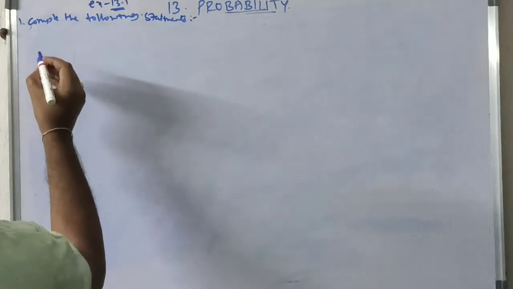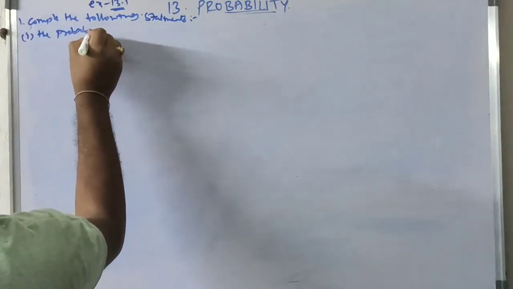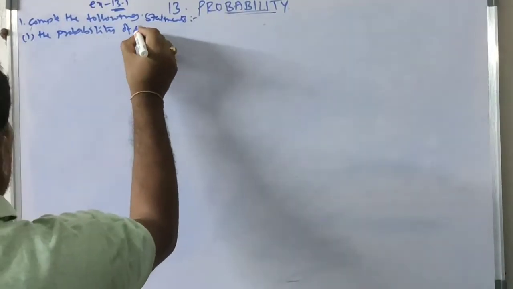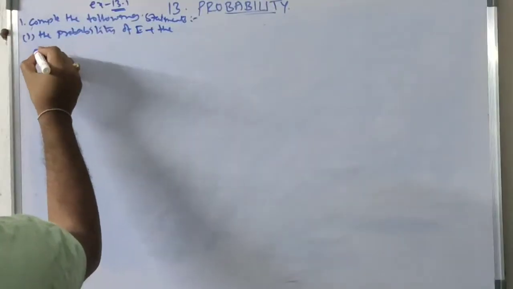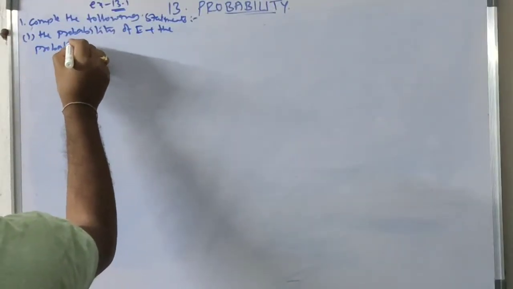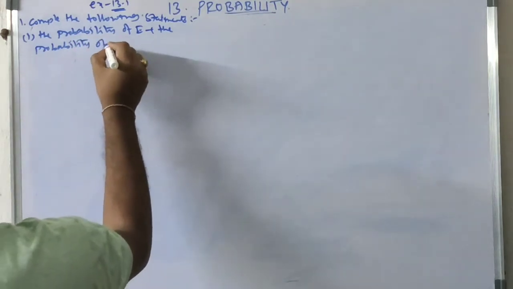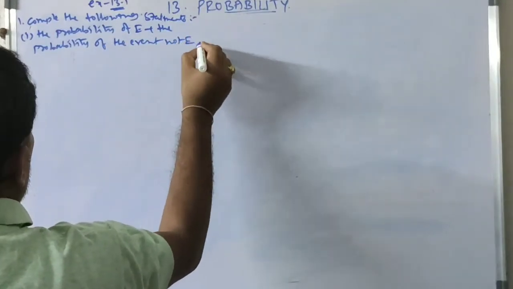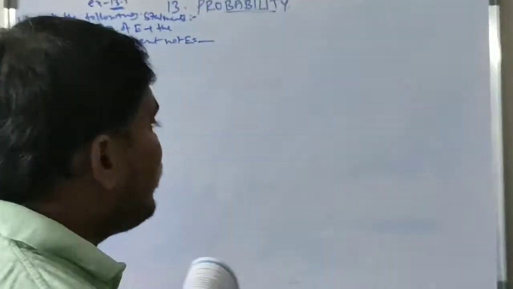First one, the probability of E plus the probability of the event not E, E dash, equals dash.